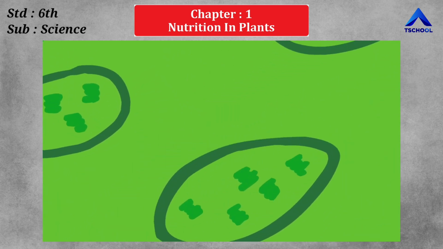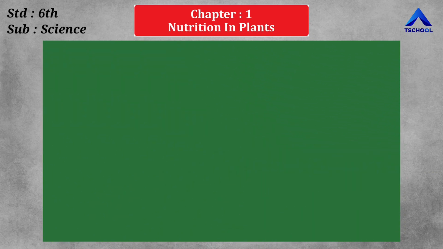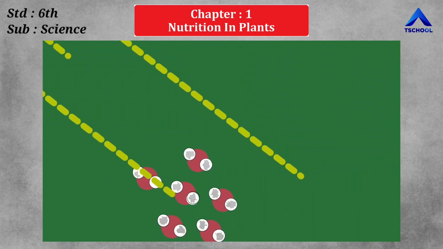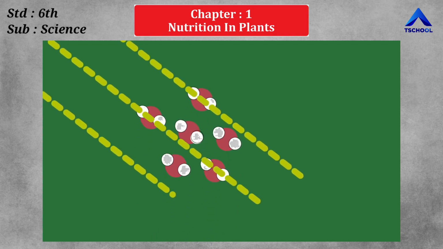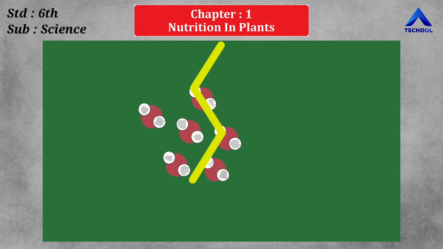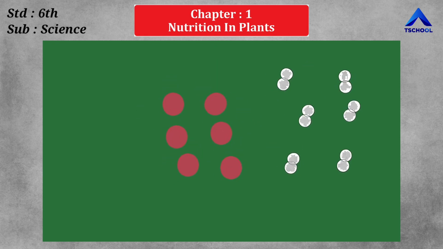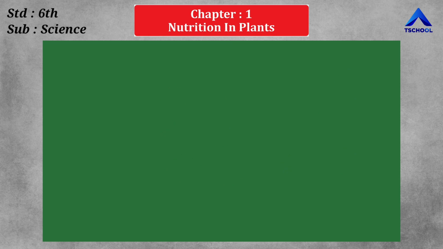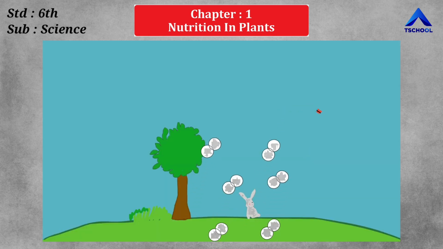Energy from the sun is called adenosine triphosphate, or ATP. While the sunlight comes in, water is also being transported into the chloroplast. ATP splits the water, H2O, into H and O, hydrogen and oxygen. In this process, oxygen gets released into the atmosphere.